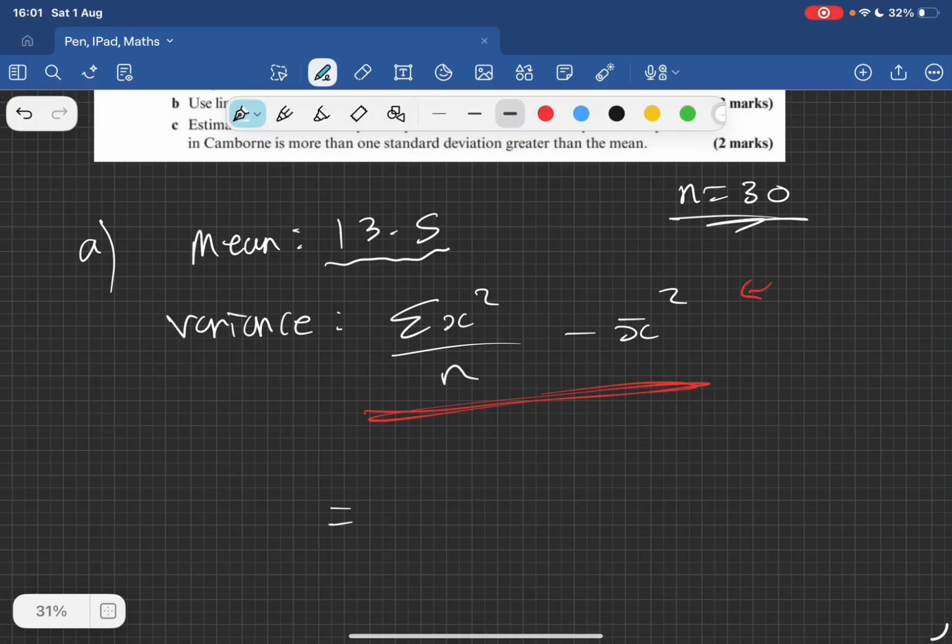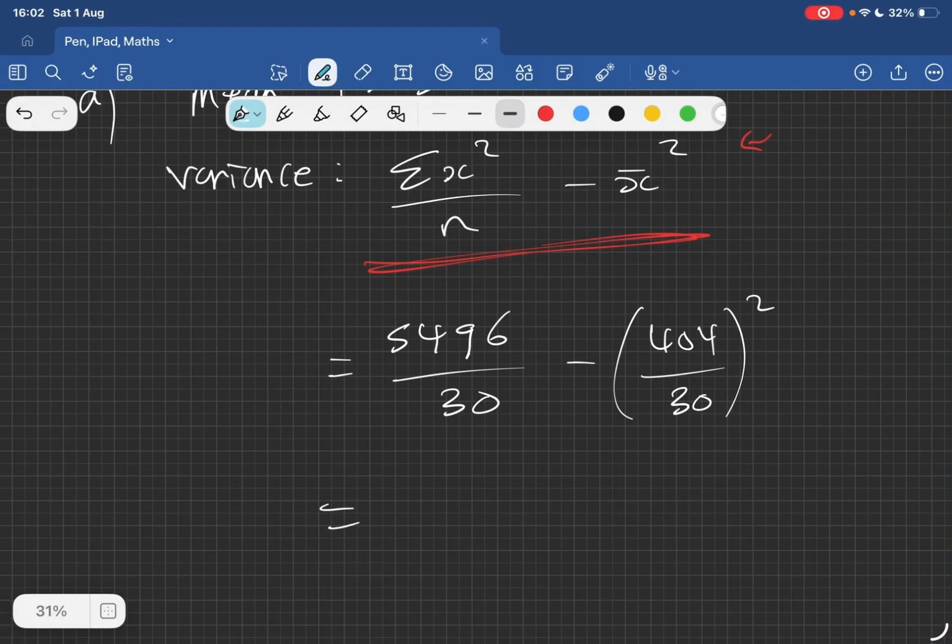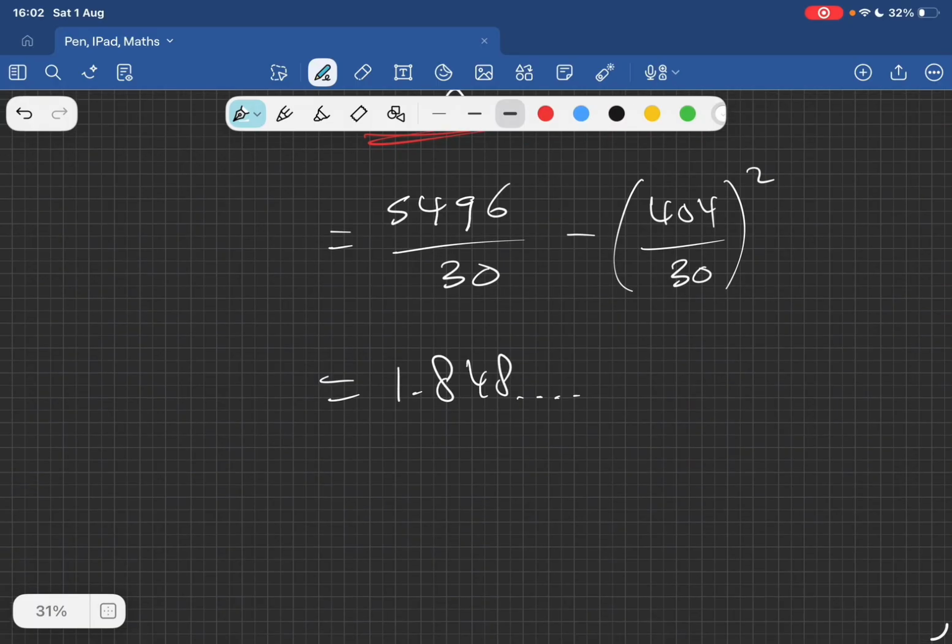Our variance is going to equal 45496 over 30, take away 404 over 30, all of that squared. Let's put that into the calculator, and we get our variance is 1.848.